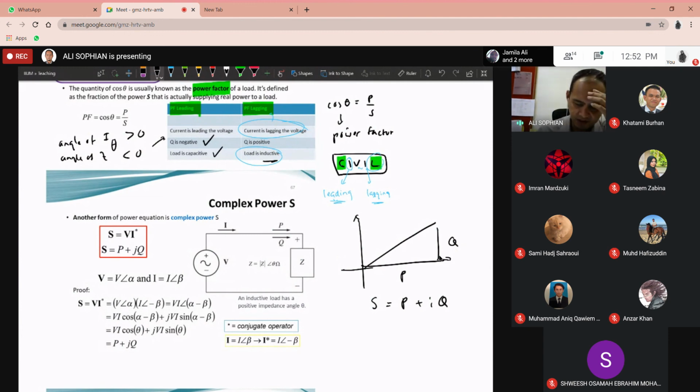I use j because I may be confusing with the current. So S equals P plus jQ, which is this one here.